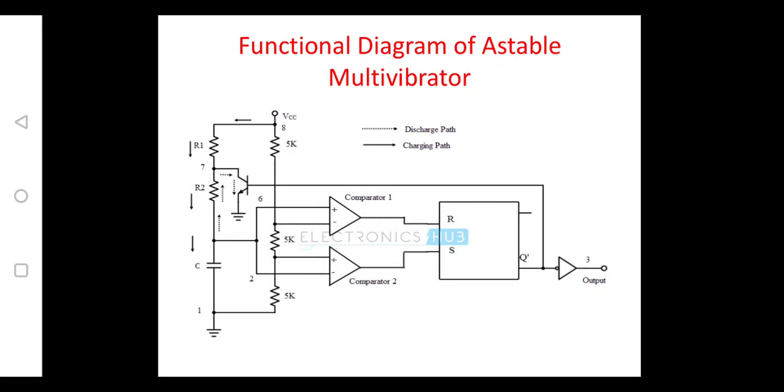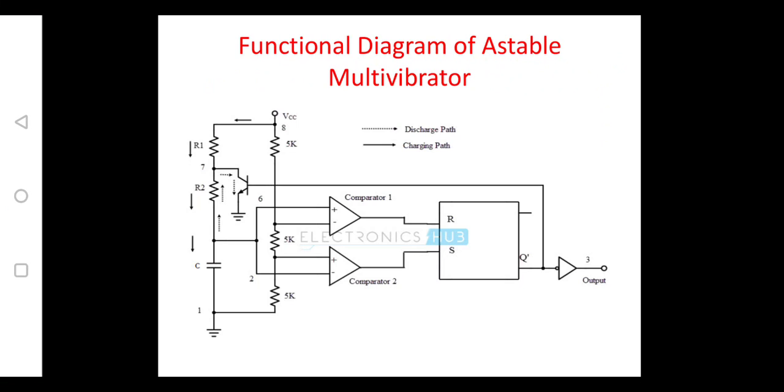So this is the functional diagram of an astable multivibrator. Initially, let us assume that the output voltage of this circuit is equivalent to 0. If output is 0, that is pin number 3 is 0 and it is connected through an inverter, that itself indicates Q bar is equivalent to 1.